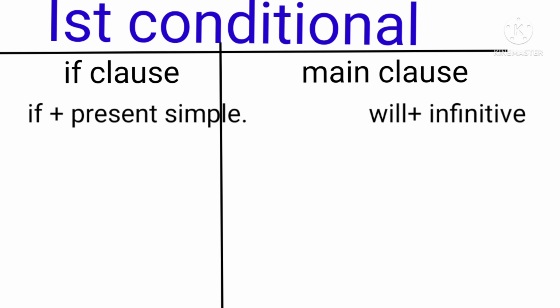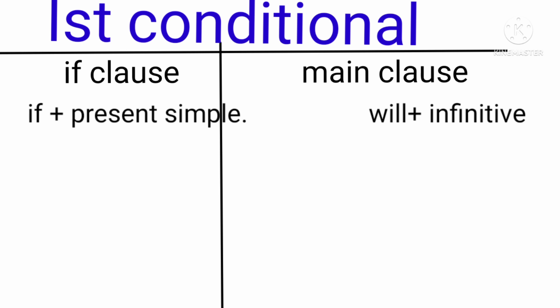But we can use the first conditional to talk about things that will probably be true. With the zero conditional, we spoke generally, but with the first conditional, we speak about the real world and about a specific situation.